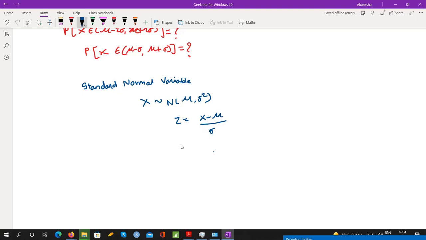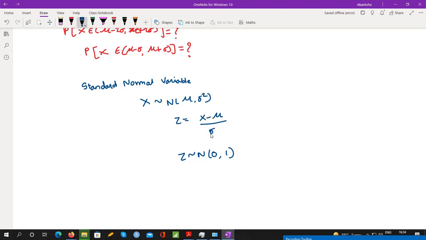Now what happens? The mean of z will be 1 by sigma times the mean of x minus mu. Mu is constant and the mean of x is also mu. So as a result, z has mean 0 and variance also 1, because the variance of z will be 1 by sigma square times the variance of x, and the variance of x is sigma square.